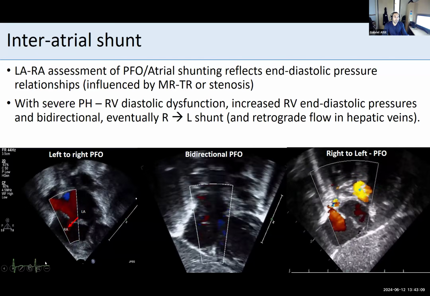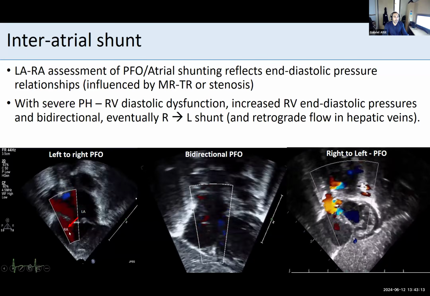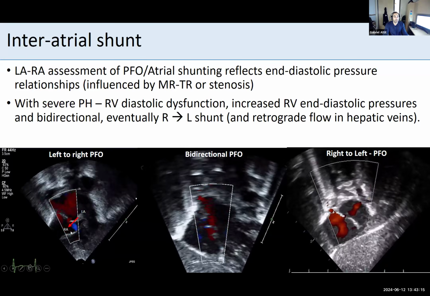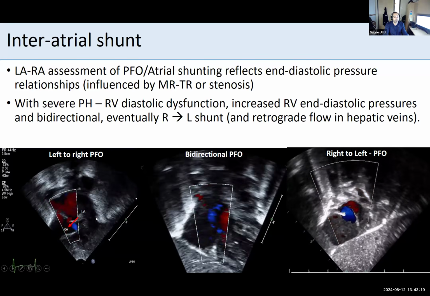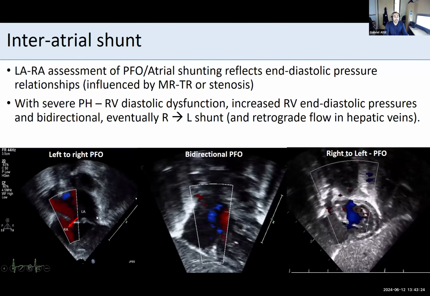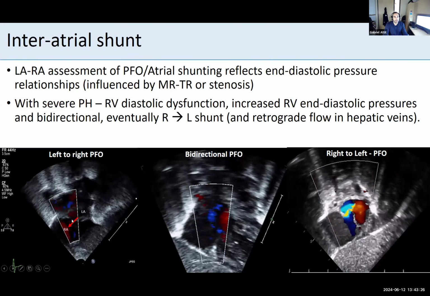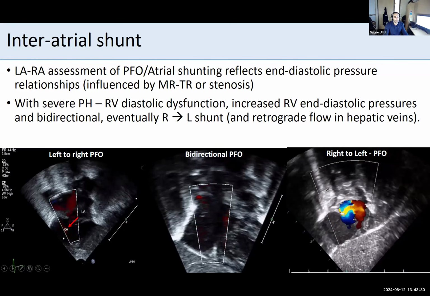But in the CDH space, when you see a left to right shunt and this patient has pre and post ductal saturation differences, you should start becoming concerned that there might be some component where the LV has high pressures or high end diastolic pressure, and this is the reason why this LA is actually unloading into the right atrium.